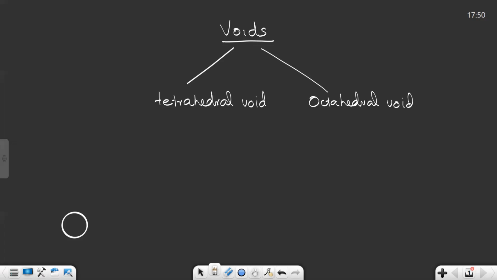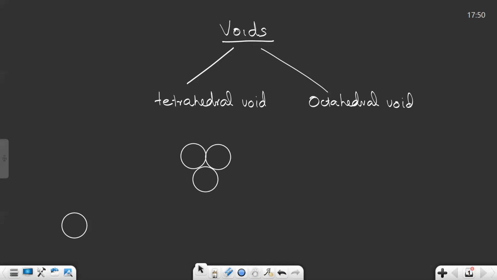Now we'll see how this tetrahedral void is formed. Consider the close-packed arrangement of three atoms. Here, in between these three atoms, there is an empty space, and this empty space is known as a void.